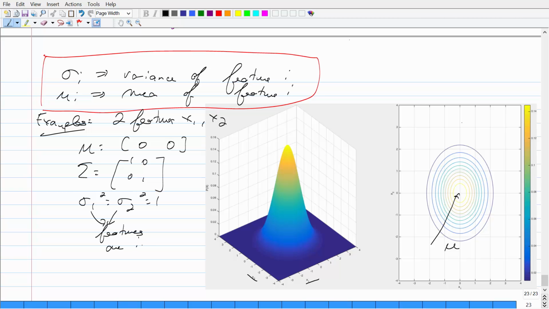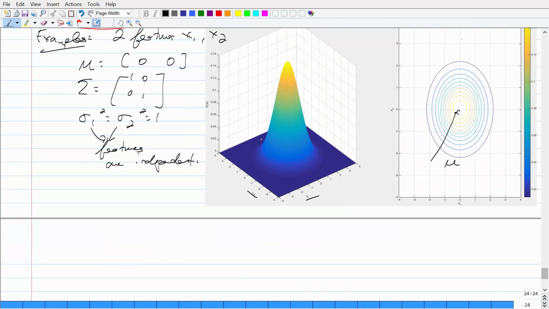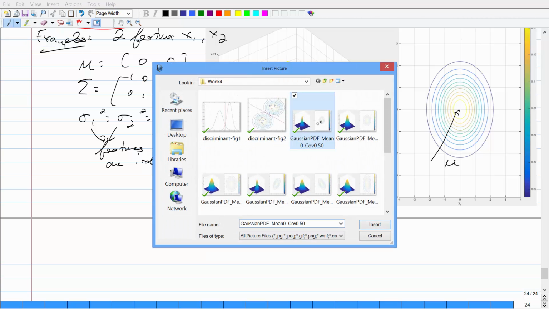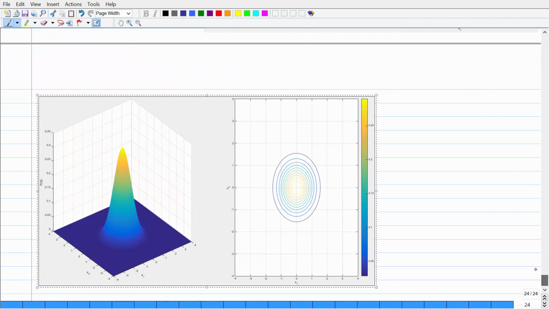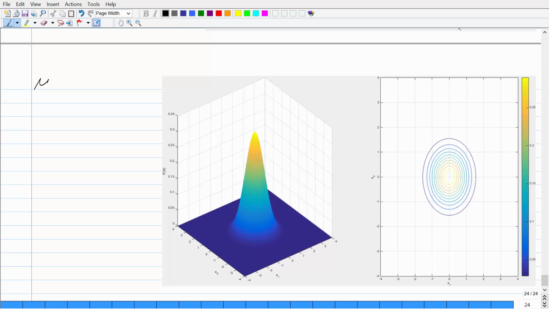Okay, that's nice. So this is what it looks like, with x1 and x2. Let me show you some more pictures. This is the canonical distribution, and let's see what happens when I scale the covariance by 0.5. So mu is equal to 0, 0, and the covariance is equal to 0.5, 0.5.